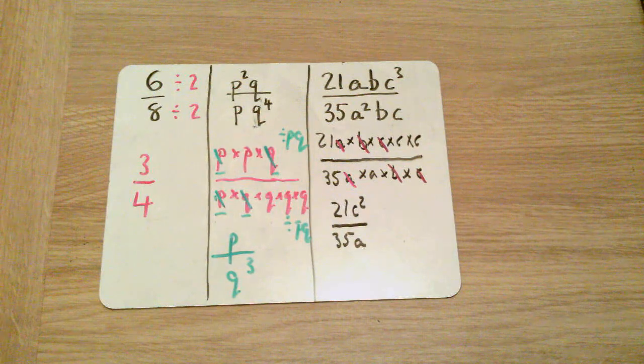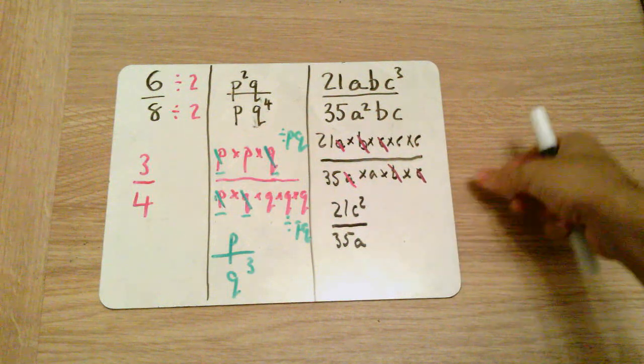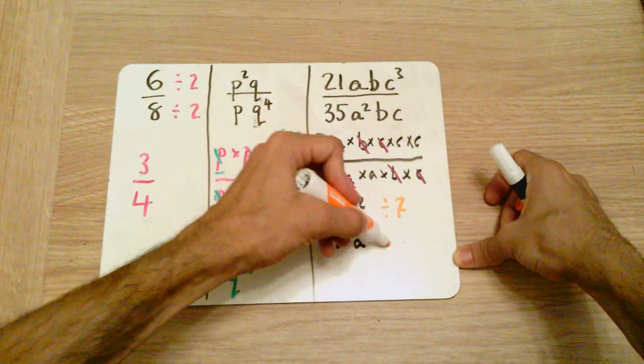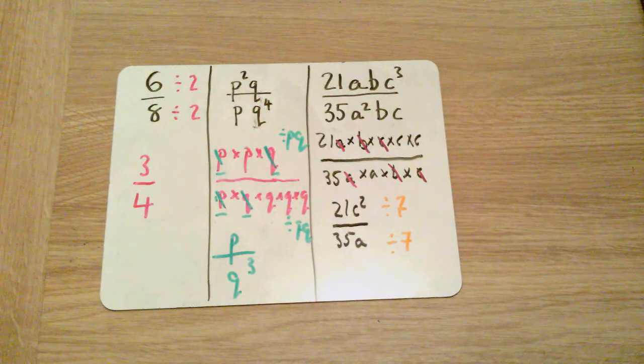Now, some of you will notice that we've cancelled out the letters, but we haven't done anything to the numbers. We can still cancel this down more because there is a number that is a common factor of 21 and 35, and that is 7. So we divide top and bottom by 7. 21 divided by 7 is equal to 3.